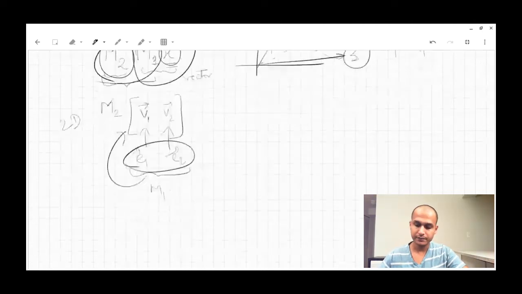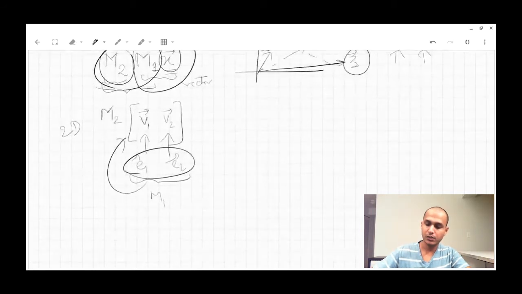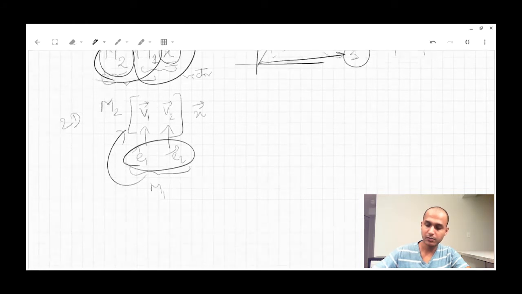Then I want to know M2 times M1 times some input vector, let's call it x. For now I can ignore the input vector x and think of what matrix multiplication means. I want to multiply M2 with M1.